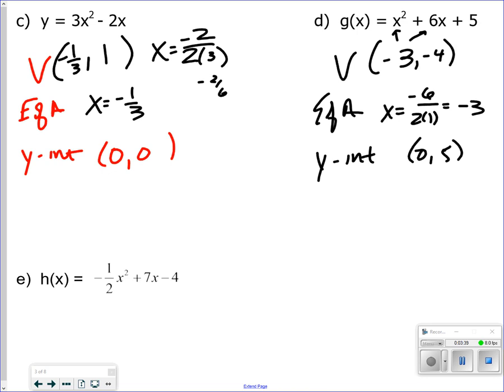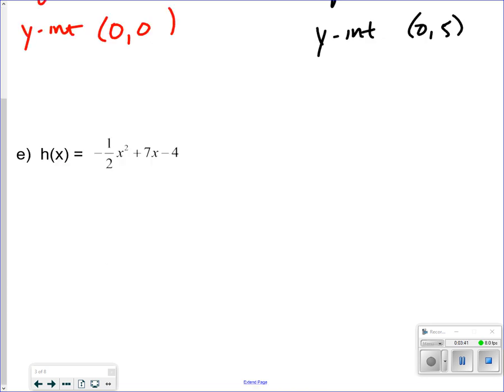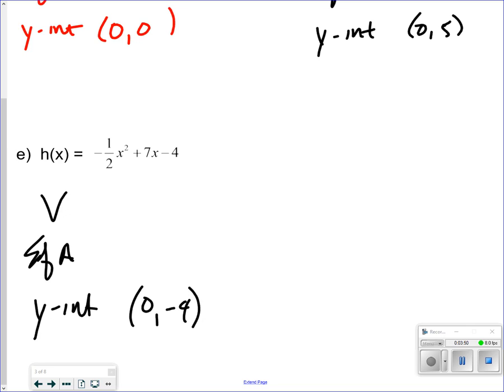Last one, the only reason why this one's more complicated is because there's a fraction involved. Vertex, equation of the axis of symmetry, and then the y-intercept. Again, the y-intercept might be the easiest question if you know that it's 0, c. Equation of the axis of symmetry is x equals negative b over 2a. So I end up getting negative 7 over negative 1, which is 7.